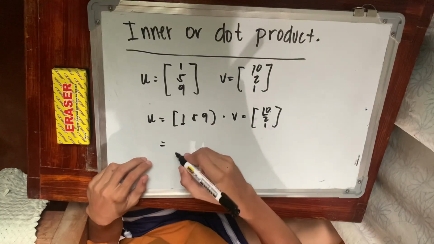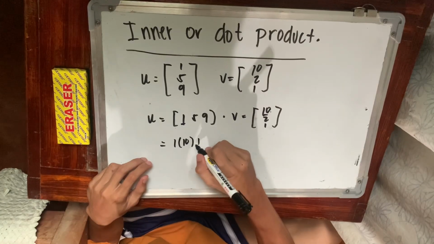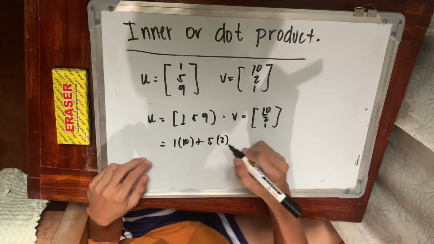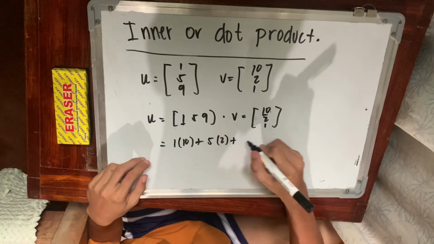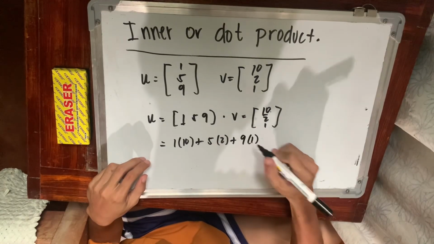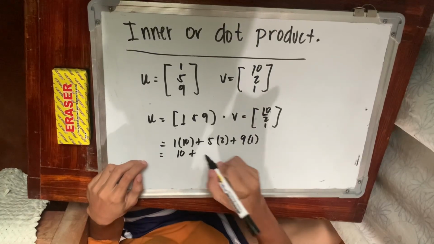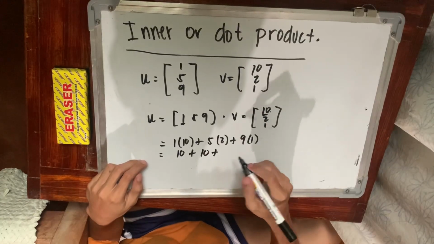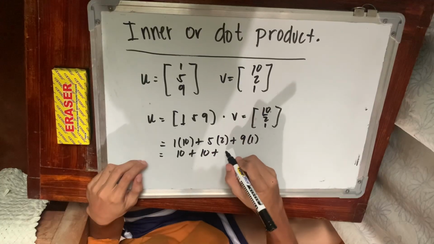This one and this one. So it will become 1 times 10, plus 5 times 2, and the last one is plus 9 times 1. So 1 times 10 is 10, plus 5 times 2 is 10, then 9 times 1 is 9.